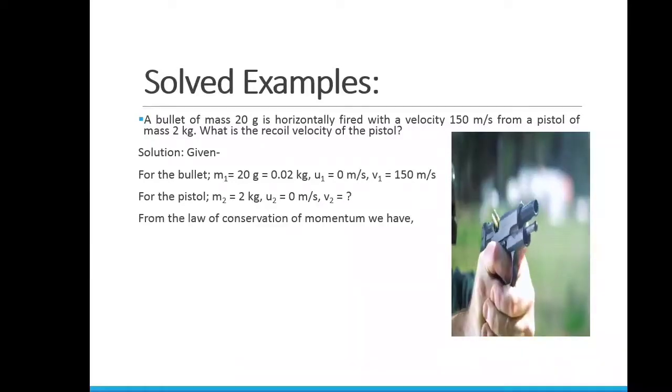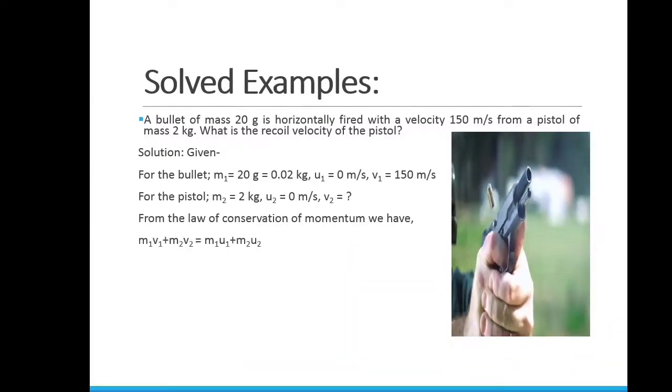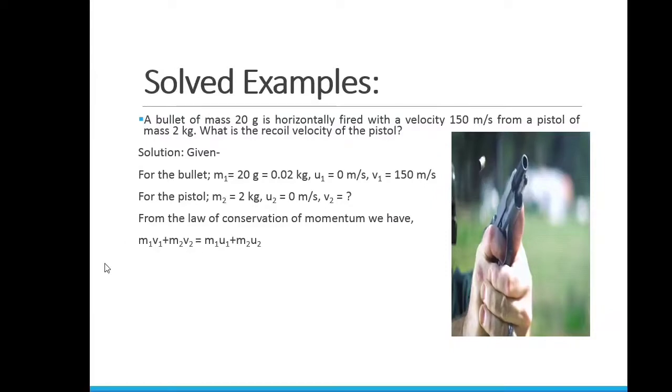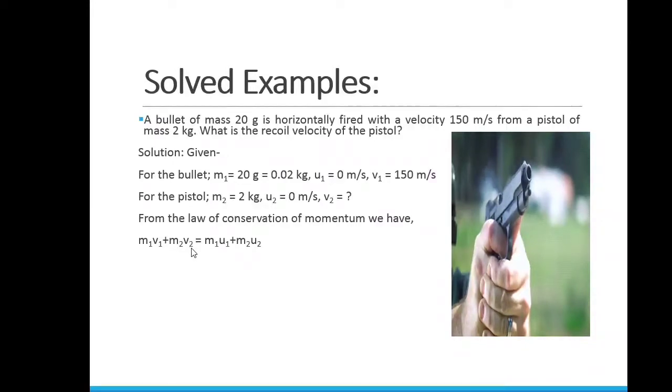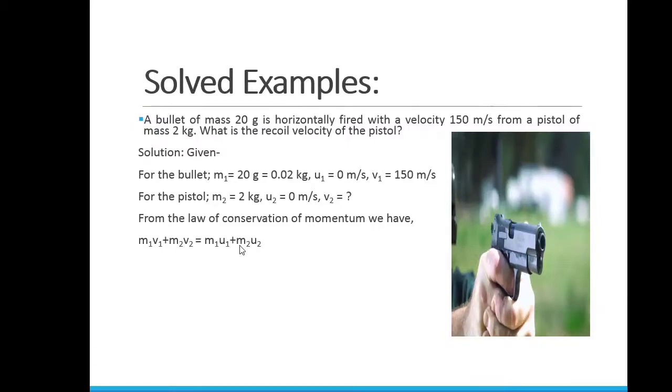From the law of conservation of momentum, we derived just now that m1 u1 plus m2 u2 is equal to m1 v1 plus m2 v2. So now put the values of m1, m2, u1, u2 and v1 to find v2.